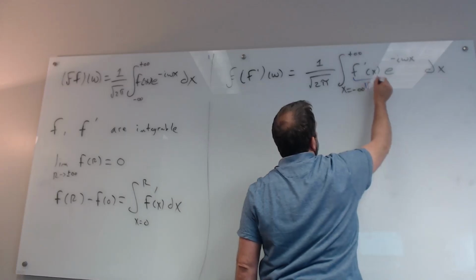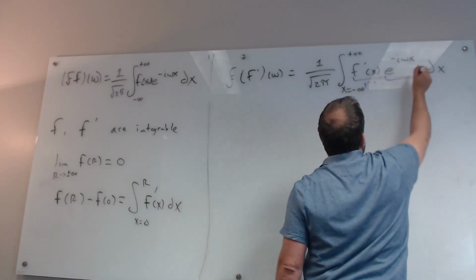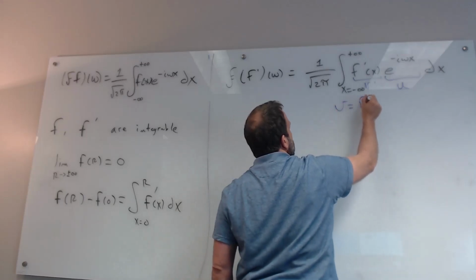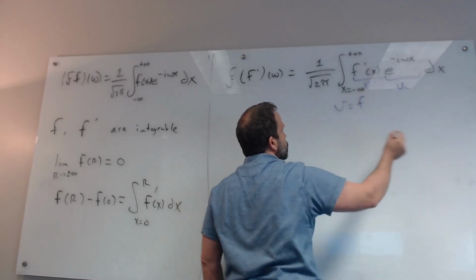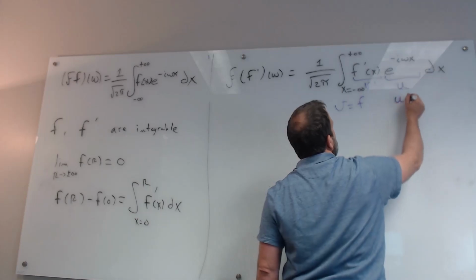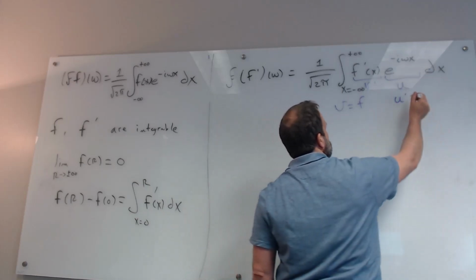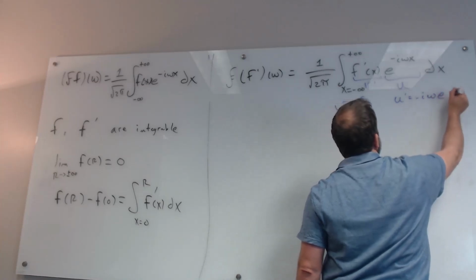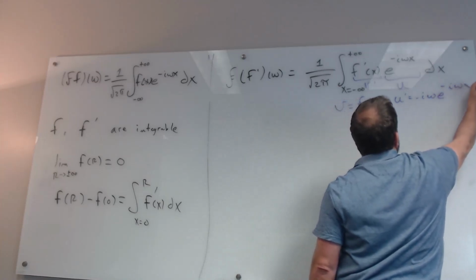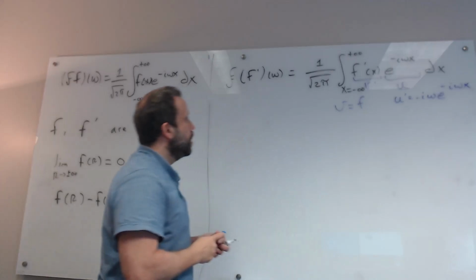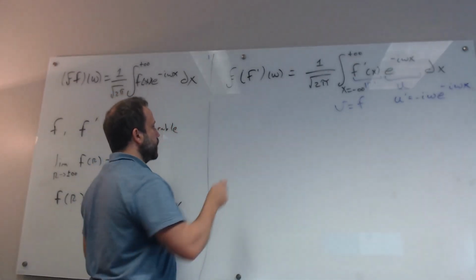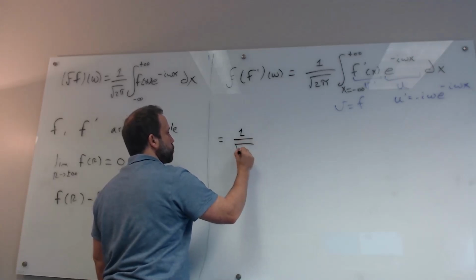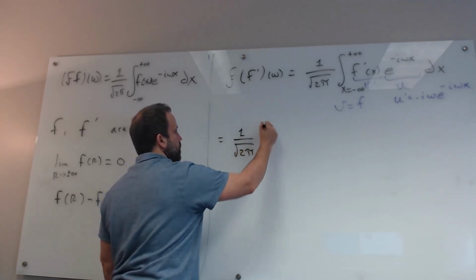So this is v prime, and this is u. And then if v prime is equal to f prime, this means v is equal to f. And u prime, taking the derivative with respect to x, is minus i omega e to the minus i omega x. Using integration by parts, I'm going to have my 1 over the square root of 2 pi on the outside of the integral.